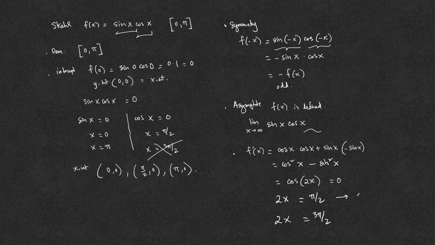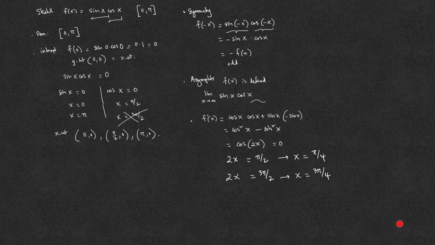But to isolate x, we have x equals pi over 4 and x equals 3 pi over 4. 3 pi over 4 is still in the interval 0 to pi, so we would need it. There are two zeros for the first derivative. These are the critical numbers. We will use these numbers as cut points to determine the intervals where the function is increasing or decreasing, but we will do that in a minute once we have the zeros of the second derivative as well.